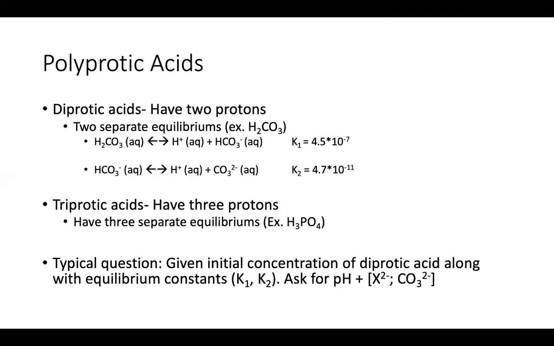One of them will just ask you, what's the pH of the resulting solution? And the second one will ask for the concentration of X2 minus. X2 minus is just a general term standing for the conjugate base in this second equilibrium. So for carbonic acid, they'd be looking for the concentration of just the carbonate ion.